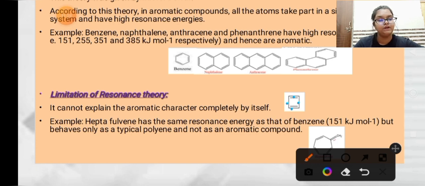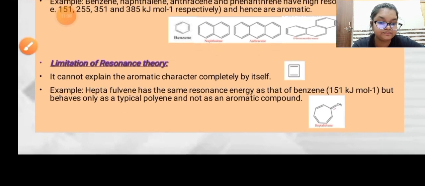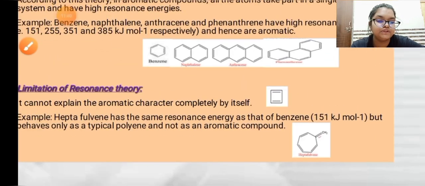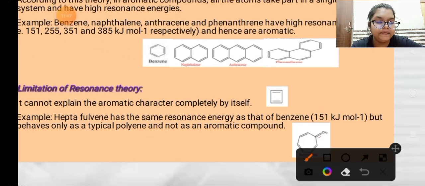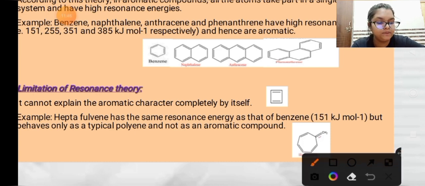Why? We will discuss it later on. The next example is heptafulvene. It has the same resonance energy as that of benzene, but behaves only as a typical polyene and not an aromatic compound.